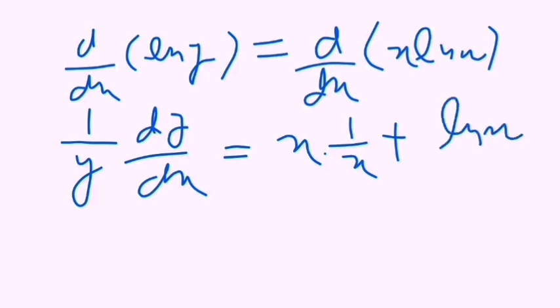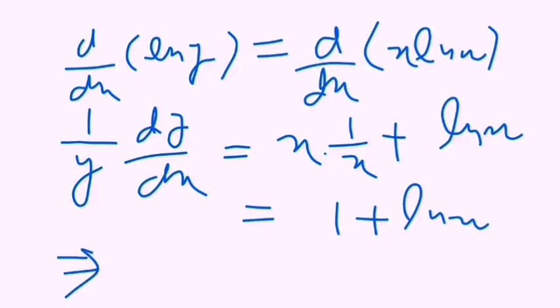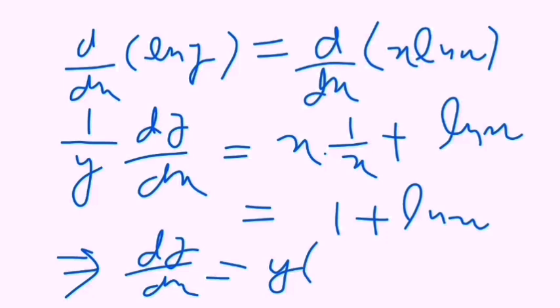So by the product rule this becomes 1 plus natural log x, which implies derivative dy by dx becomes y into 1 plus natural log x.